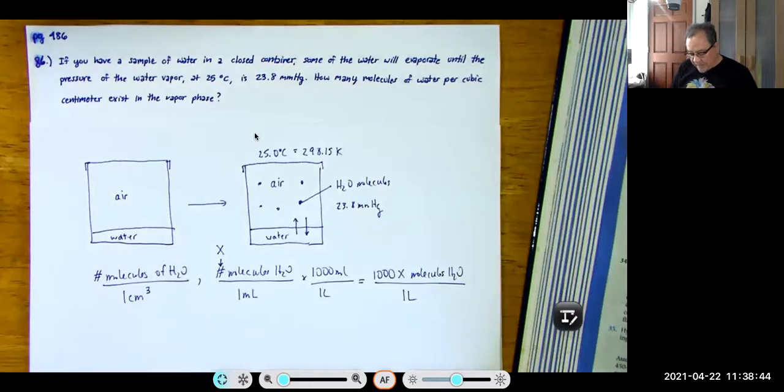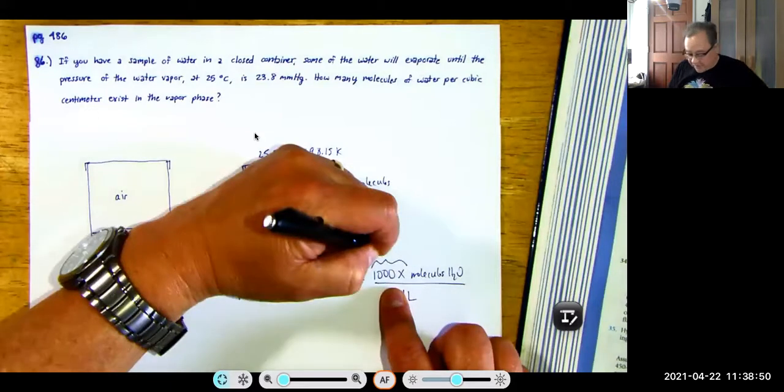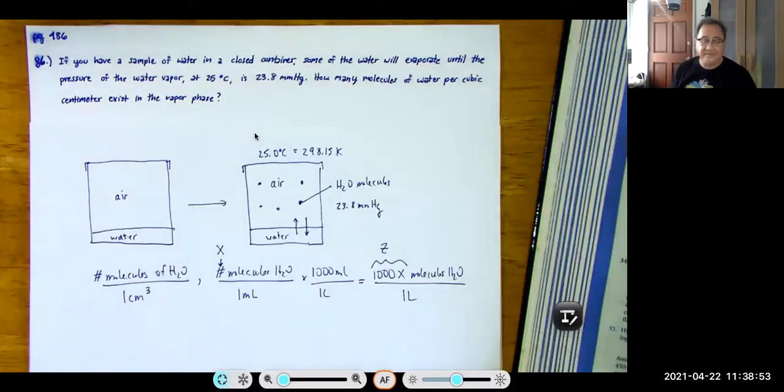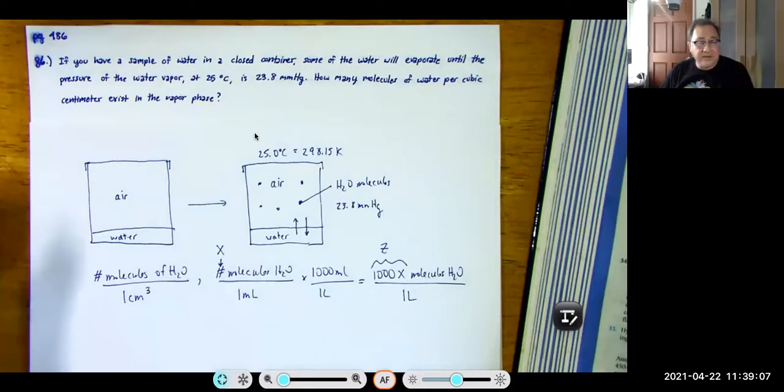Okay. And I don't like this 1,000 times X. So you know what I'm going to call that? I'm going to call that Z. I want to know how many molecules per liter. Because here's the idea. If I know there's 1,000 molecules per liter, how many are there per 1 milliliter? If I have 1,000 per liter, how many in 1 milliliter?